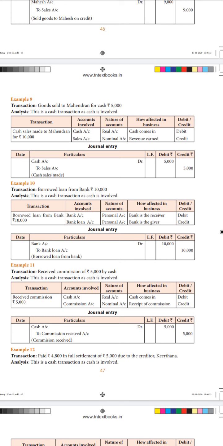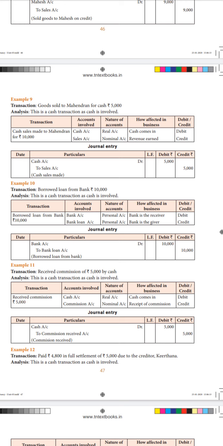The next one is sales account. Sales account is a nominal account, since we are selling goods. So whenever there is nominal, the rule is debit all expenses and losses, credit all incomes and gains. Here we have sales, which means we will be receiving income.